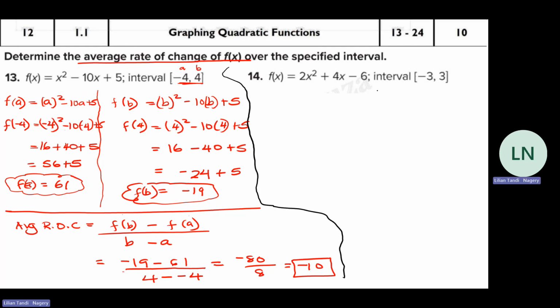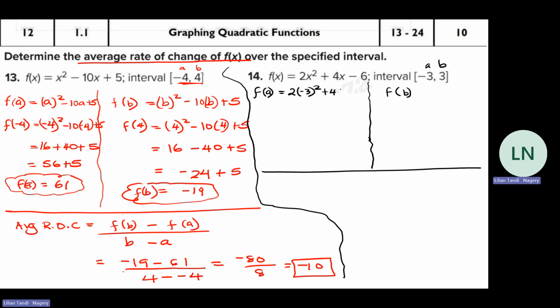Okay, same thing here, just separate. So you know you have to do 3 steps. Label A, B, find f of A, and find f of B. So that will be 2 times negative 3 squared plus 4 times negative 3 minus 6.